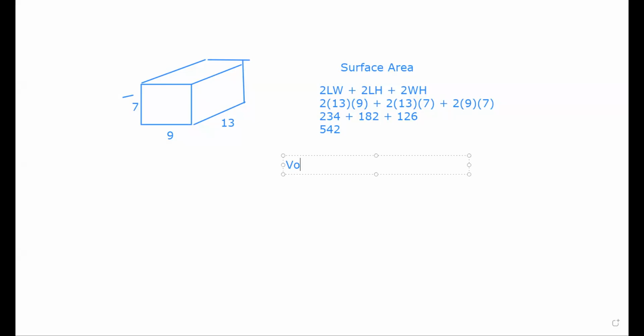Because volume equals LWH. You don't have to do it 3 times, you just have to do it once. And you don't have to do anything with 2, because now you're just taking 7 times 9 times 13.